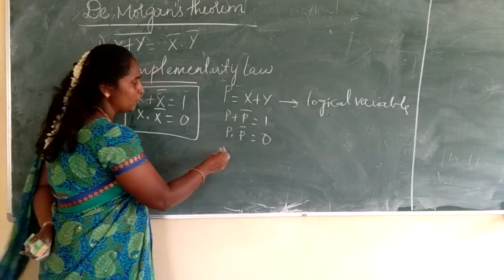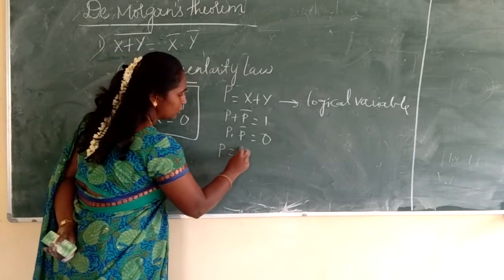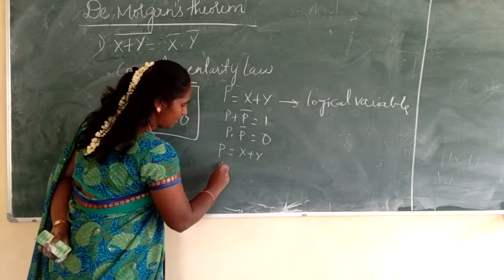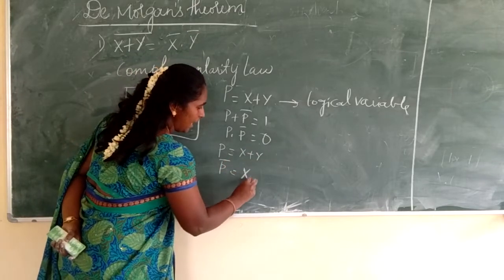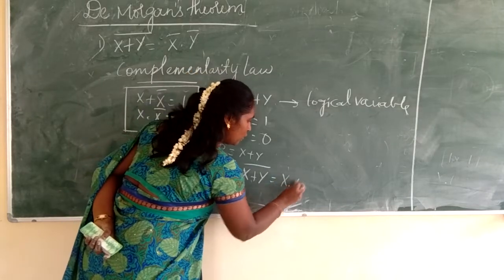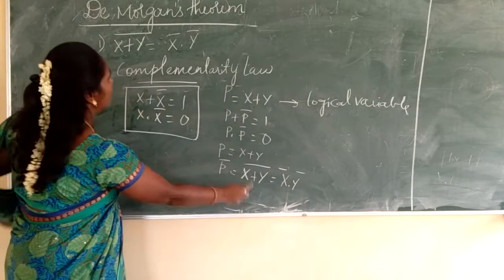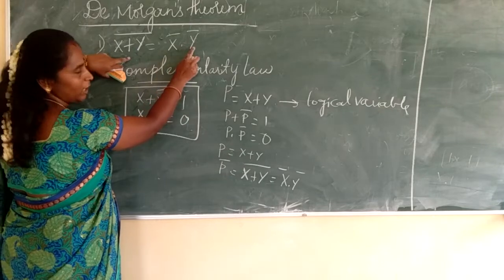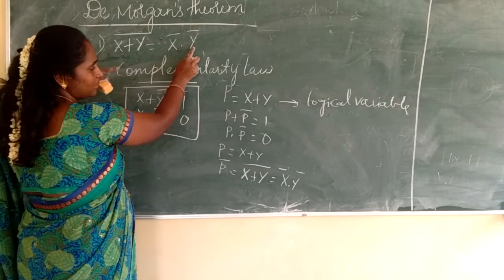Now consider the Boolean expression p equal to x plus y. Then p bar is equal to (x + y) bar, that is nothing but x bar into y bar. So we will work it out.